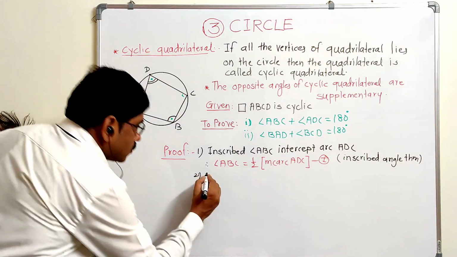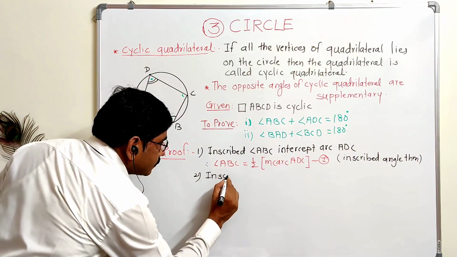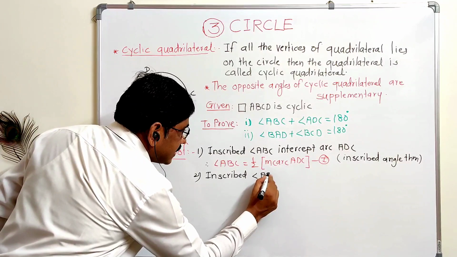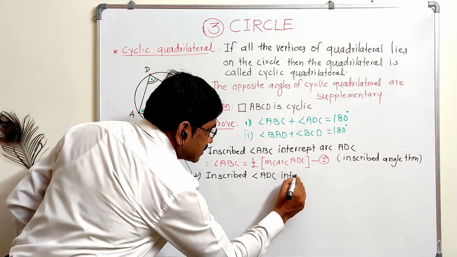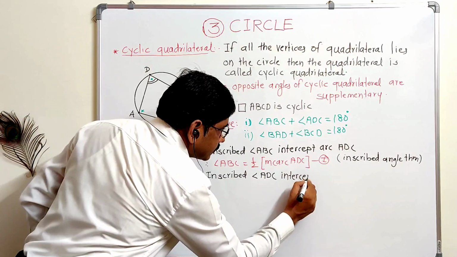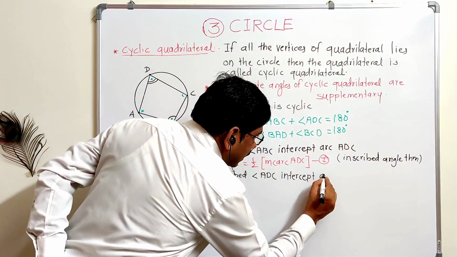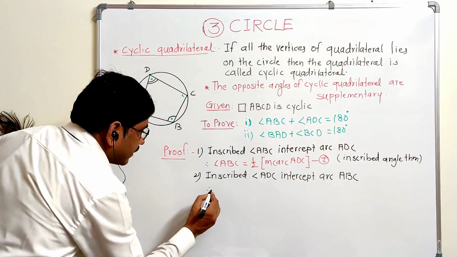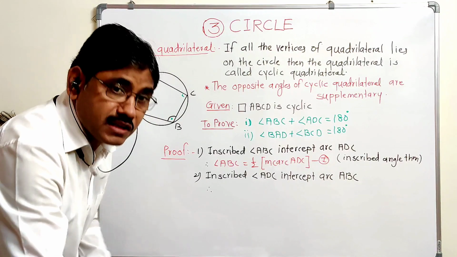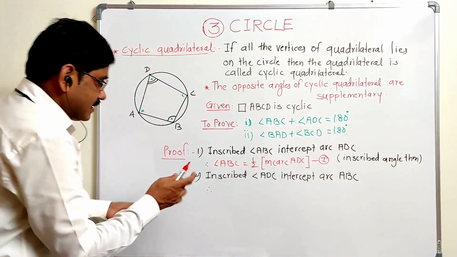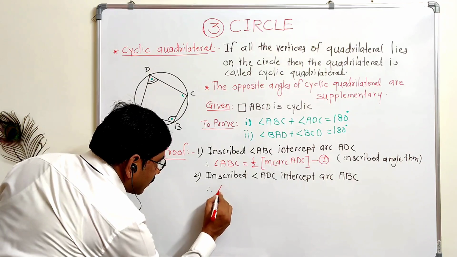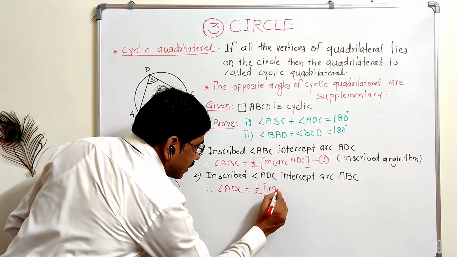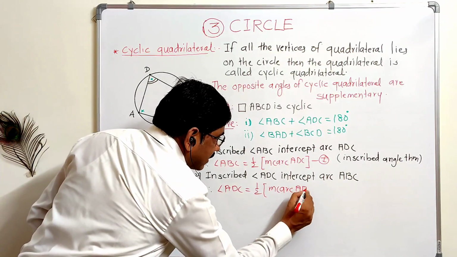So inscribed angle ADC intercepts arc ABC, and therefore by inscribed angle theorem, the measure of the inscribed angle is equal to half into the measure of the arc intercepted by it.